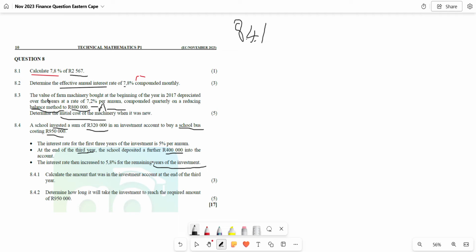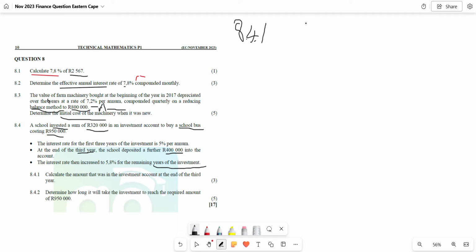Number 3, if there is a withdrawal from the initial deposit after a certain number of years, that is a timeline question. In this case, we have 2 interest rates and a further deposit. It means the entire question is a timeline question.